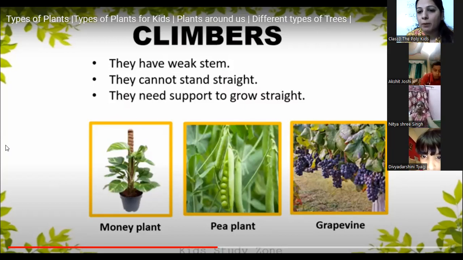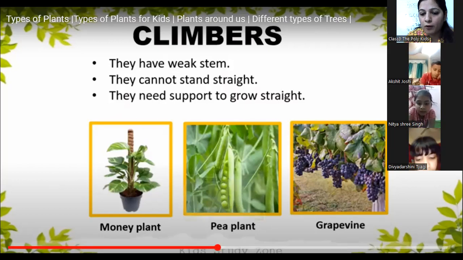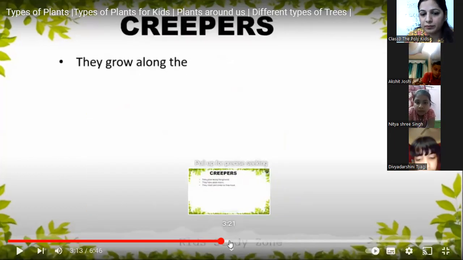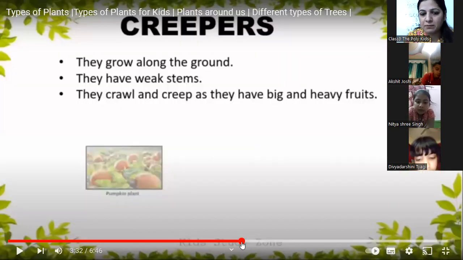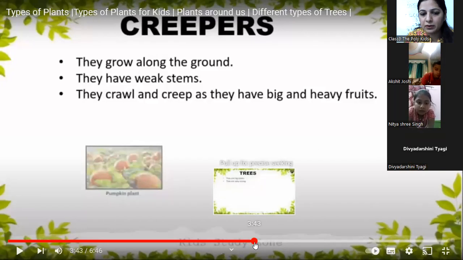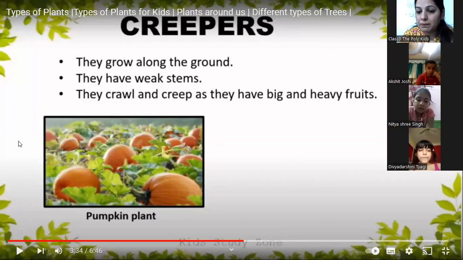So if we talk about herbs, tell me Akshit, how are their stems? Soft and green. Very good. Divya Darshini, how are the stems of shrubs? Shrubs ki stem kaisi hoti hain?